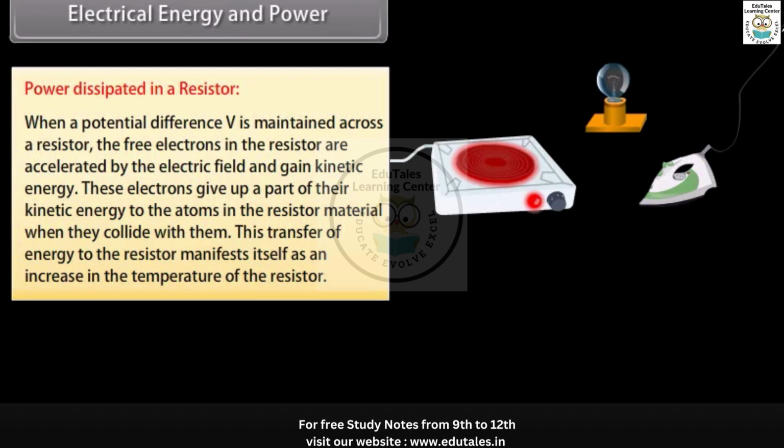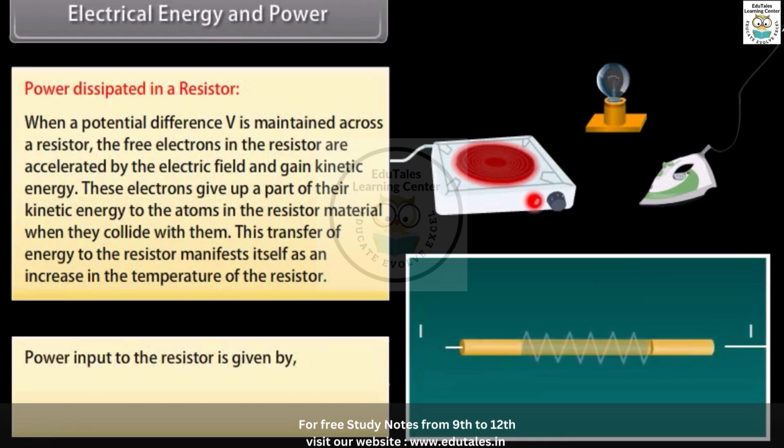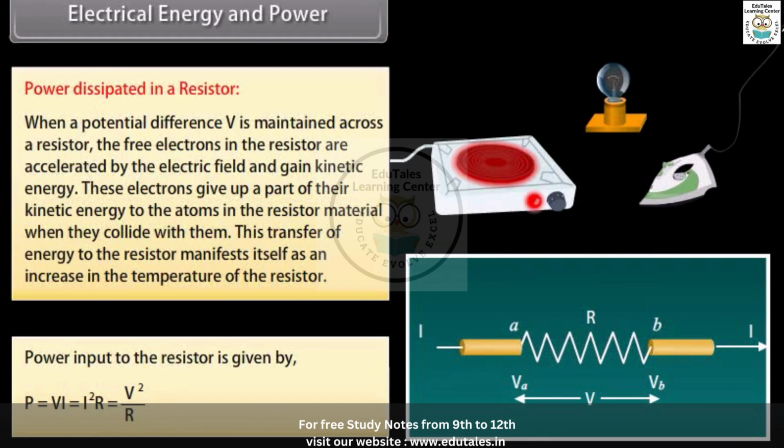This transfer of energy to the resistor manifests itself as an increase in the temperature of the resistor. Power input to the resistor is given by P = VI = I²R = V²/R.